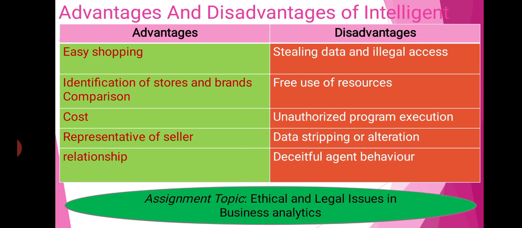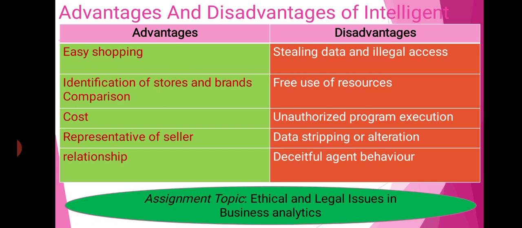That means an intelligent agent can act as a representative of a salesperson by providing product or service information and sales advice. Clear. The next, relationship. An intelligent agent helps a business organization in the electronic environment to gain intelligence on the market to create an ultimate relationship with each and every customer.